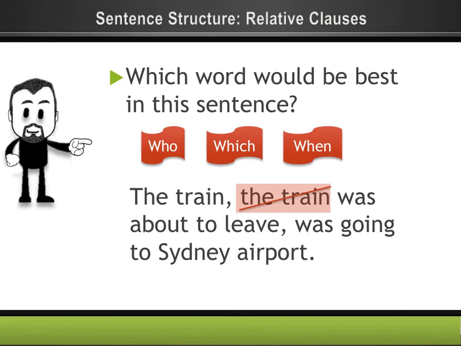The joining word that we choose depends on what kind of thing is being repeated. So in this sentence you can see that we have a train. In fact, we have a train twice. So we need to cut the second one and replace it with a joining word. But which of the three joining words would make sense here?